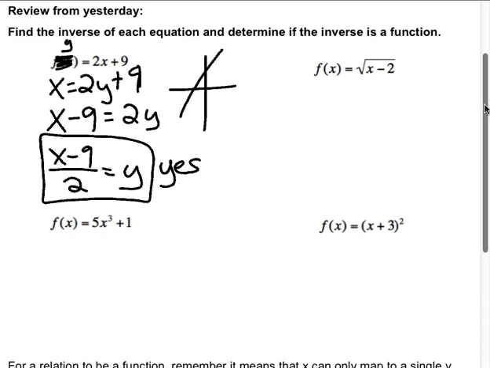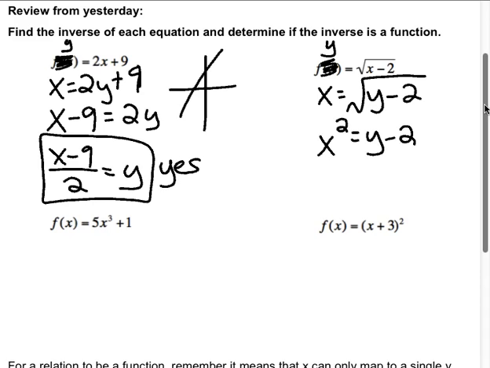All right, what about this one? Well, this next one, we're dealing with swapping to call that a y, and now swapping the x's with the y's. So we swap that, and now our goal is to try to resolve for y. So I have to square both sides and then add the 2 over.